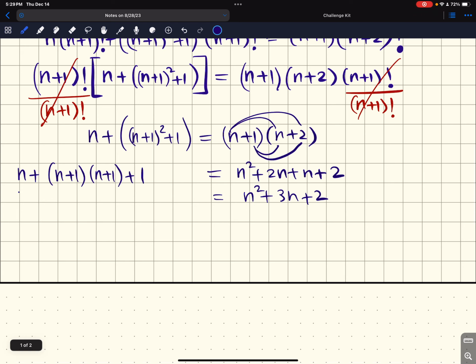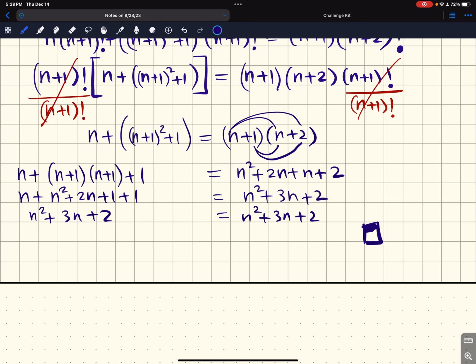That just gives you n plus n squared plus 2n plus 1 plus 1. That just gives you n squared plus 3n plus 2. Therefore, we have proven by induction that the left hand side is equal to the right hand side, and we're done with the proof, right?